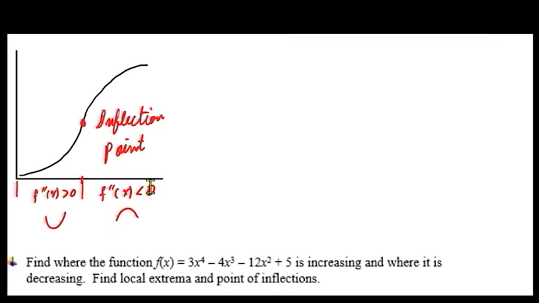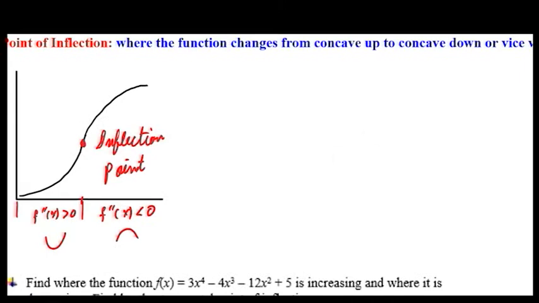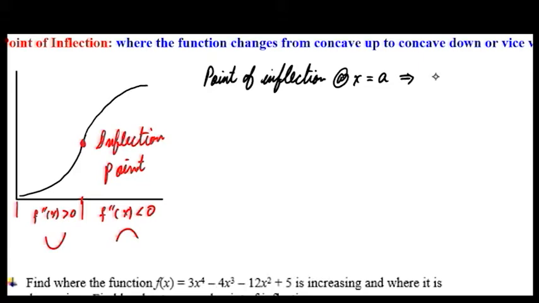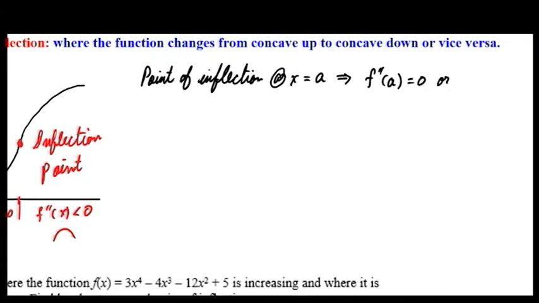So the second derivative, see, here's an if-then statement. If we have a point of inflection at x equal to, let's say, a, some point, then that means f double prime of a is either 0 or undefined.